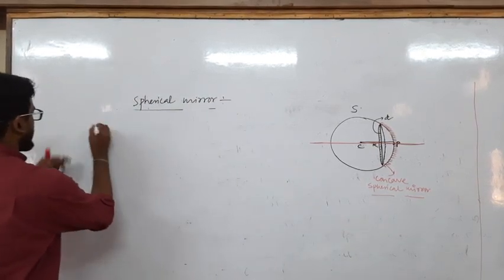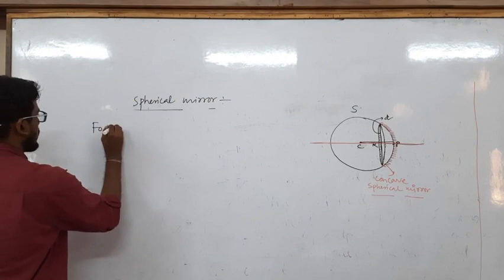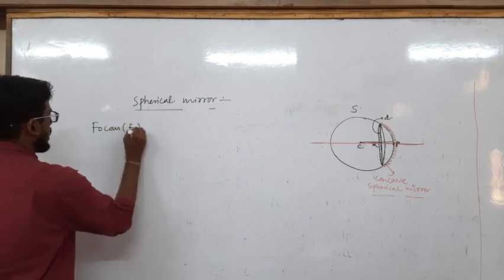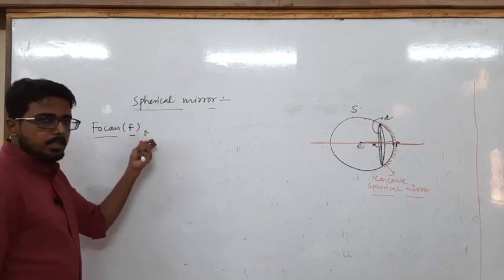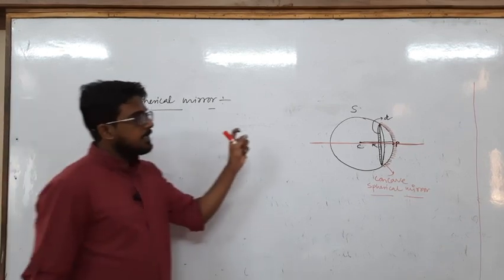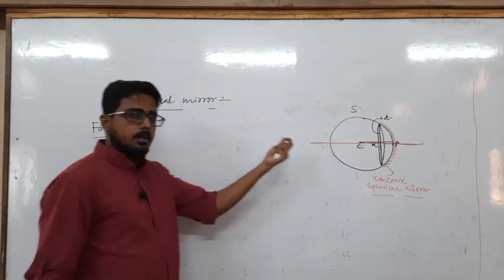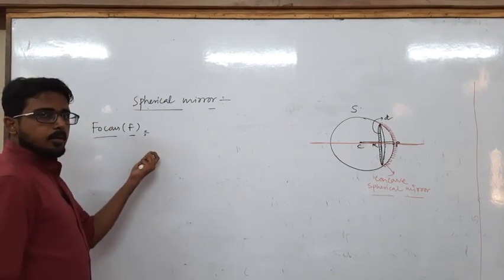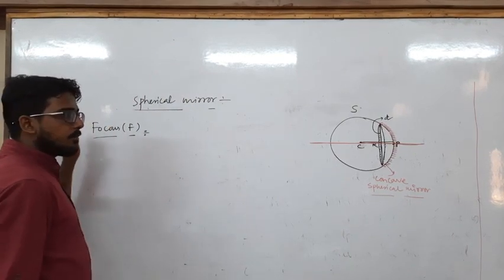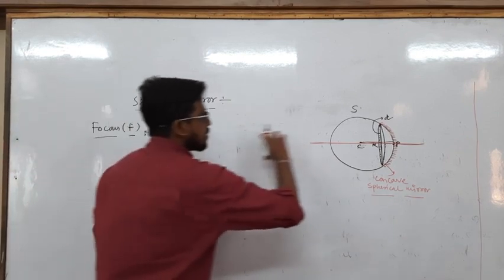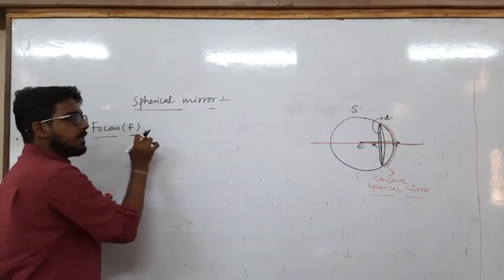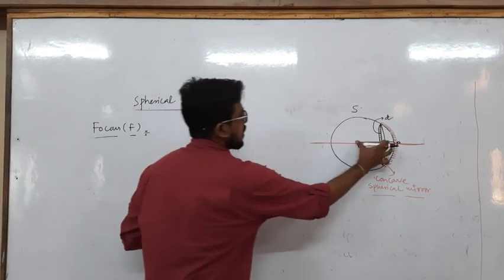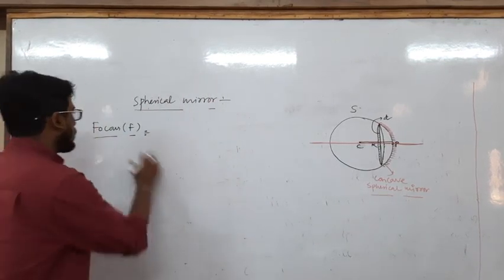What is focus? Denoted by small f. So what is focus? It is a point at which the incident rays after reflection may converge if they are coming from infinity or parallel to the principal axis, or you can say that focus is the midpoint of the radius of curvature. So what is focus?